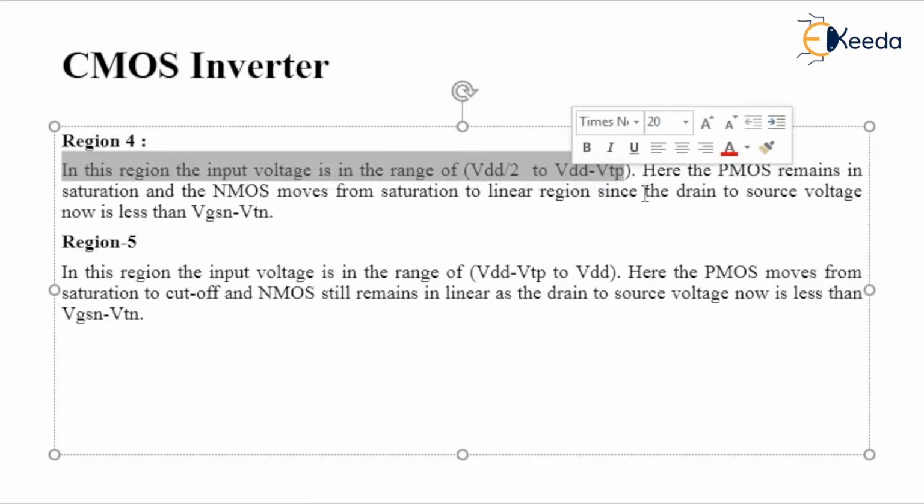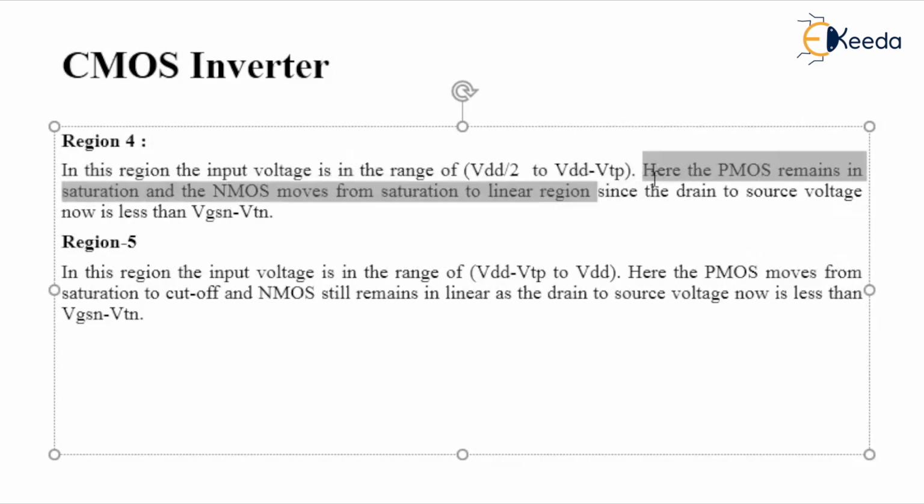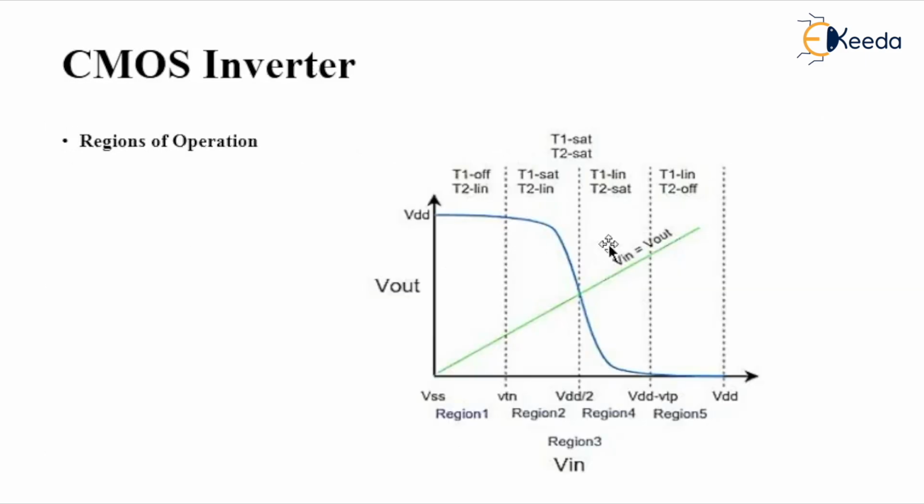Here the PMOS remains in saturation and NMOS moves from saturation to linear region, since the drain to source voltage is now less than VGSN minus the threshold voltage of the N channel. So in region 2, T1 is in saturation, T2 is in linear. After crossing region 3, the direction will be reversed and T1 gets linear and T2 remains in saturation.